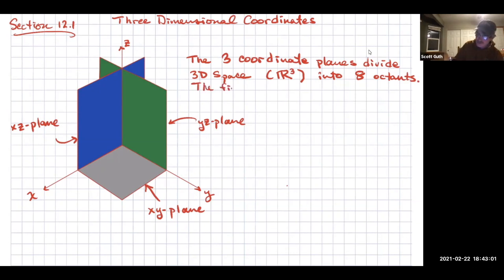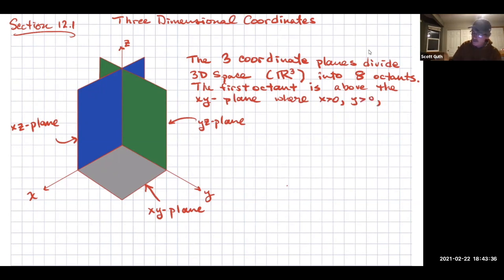So the first octant is above the XY plane, where all three variables are positive. So X is greater than 0, Y is greater than 0, and Z is greater than 0.